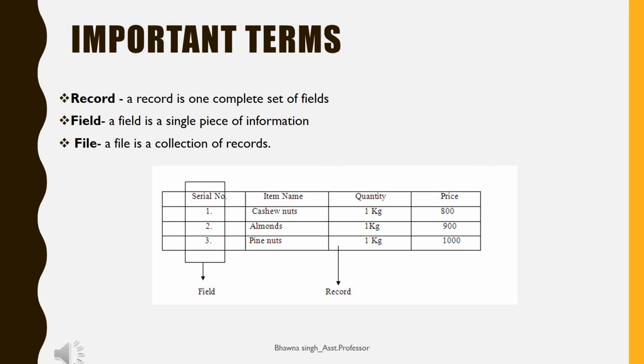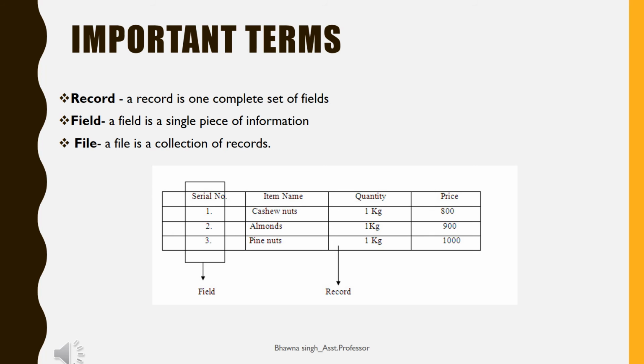That means each single row of this table is the record of this table. So in short, we can say that fields are the table columns and records are the rows. And the collection of all the records in this table, that is the item name, quantity, price, belongs to a single database file. Therefore we define a file as a collection of records.